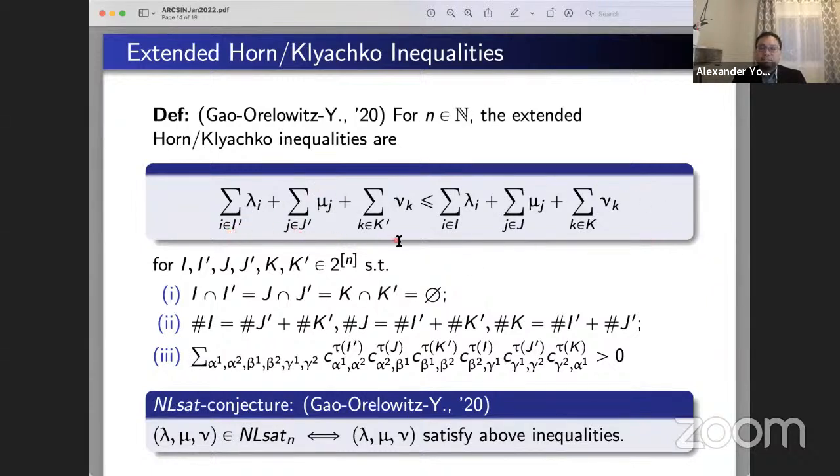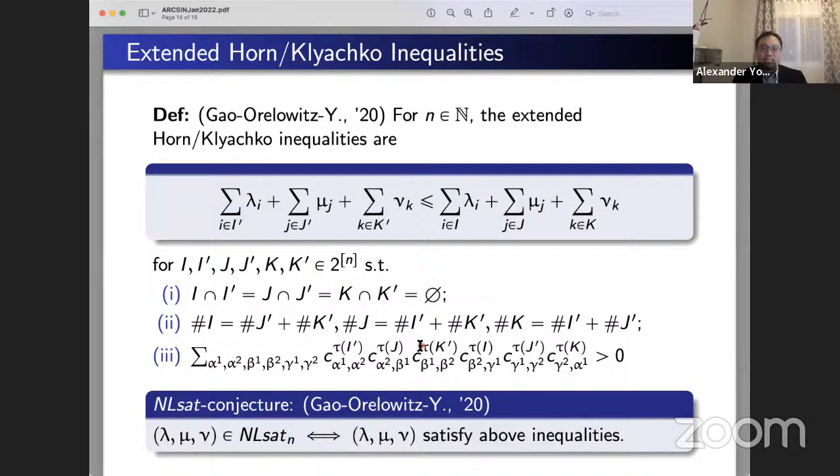You're summing over subsets with some conditions. You have this condition of empty intersection. You have some sort of size constraint. But the one I want to emphasize here is this last constraint. It looks horrible, and frankly, it is horrible, but it has a specific form.